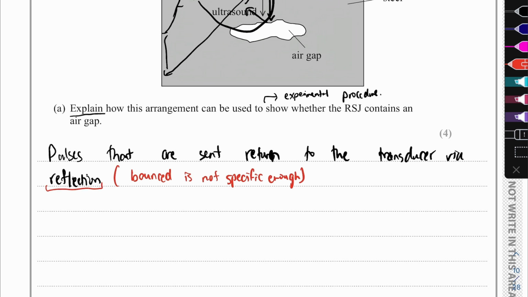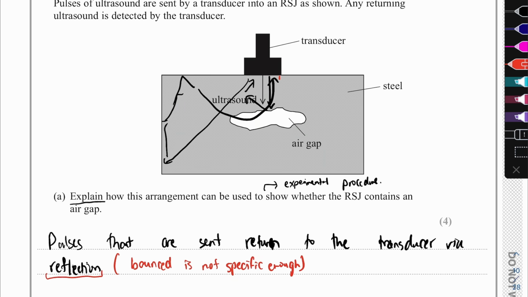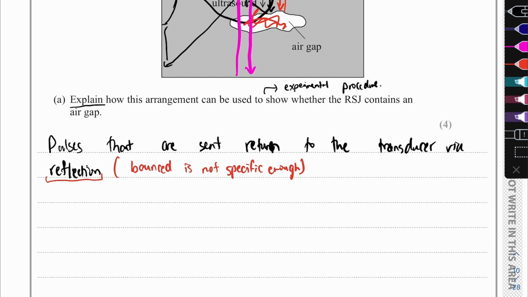So now, how can we tell if there are air gaps within the RSJ? For example, if the transducer sends an ultrasound pulse here, and then it reflects back, as opposed to if there was no air gap, it would go straight through, wouldn't it? It would go all the way down, and then all the way back up again. So we can talk about the time here.